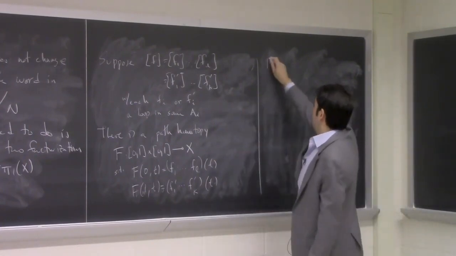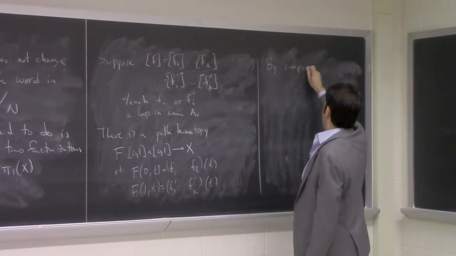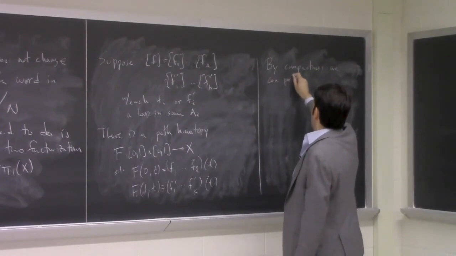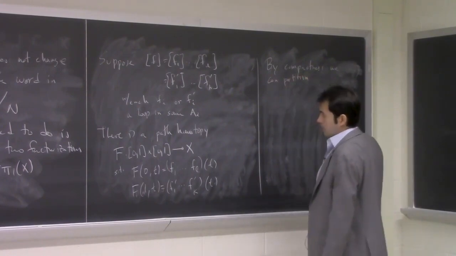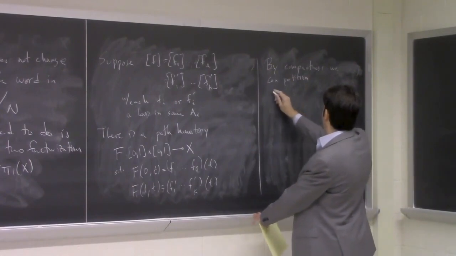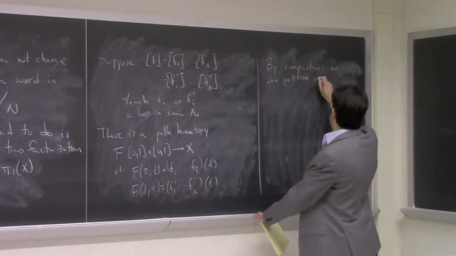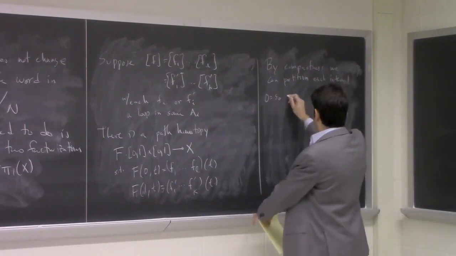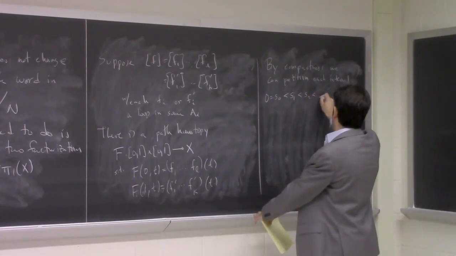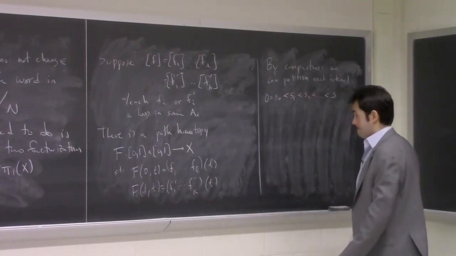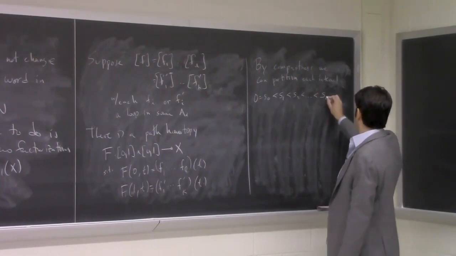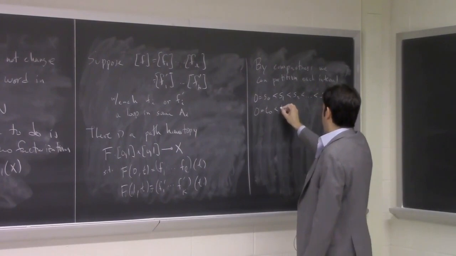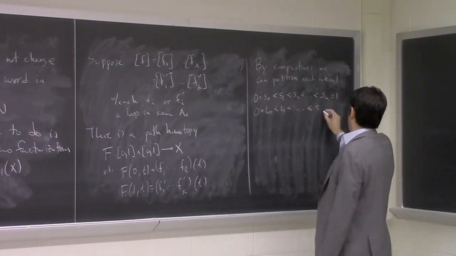OK, so by the same compactness argument, we can partition each interval. So you have s_0 less than s_1 to s_m, and then you have t_0, t_1 to t_n.